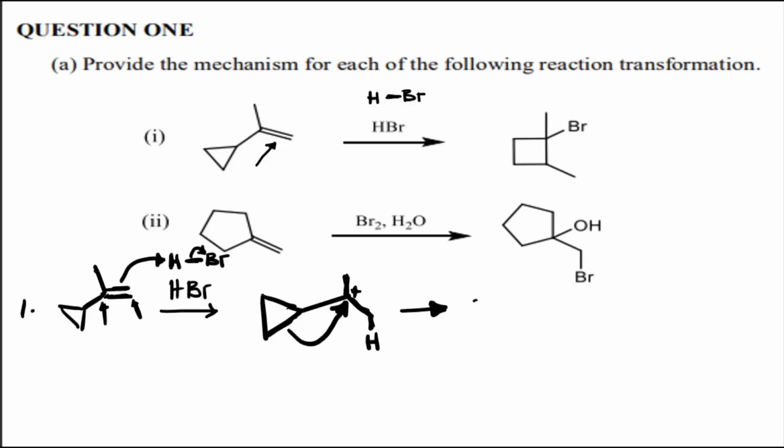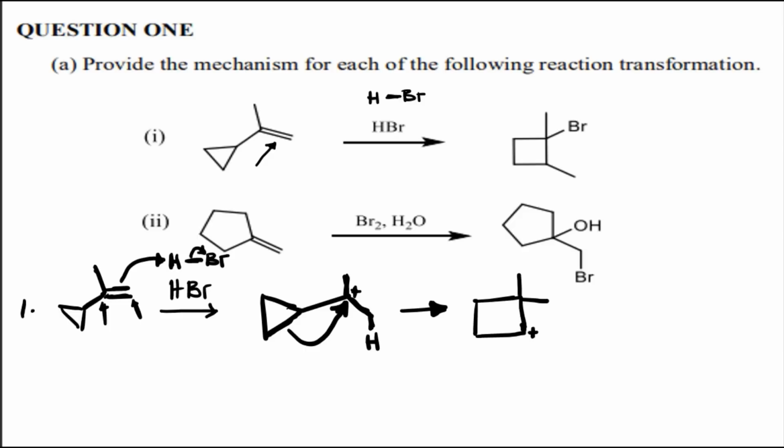It is now going to expand to a 4-membered ring. And where the ring expands to, there were 2 methyls. So there's going to be 2 methyls here, and the carbocation which was here is going to move to here.